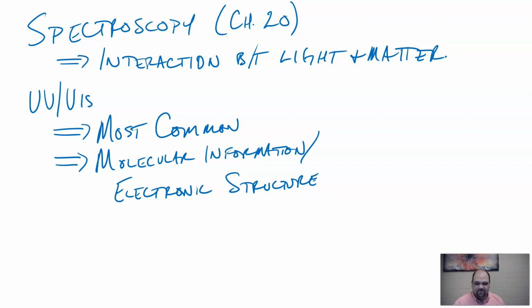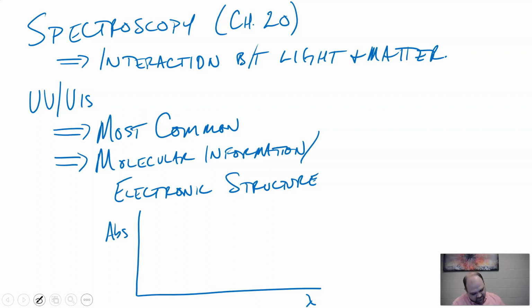One of the key points about UV vis spectroscopy, we will always see it as absorbance versus wavelength. And generally speaking, UV vis are pretty broad peaks. The normal range for UV vis is 400 to 700. It can be a little bit wider, really.